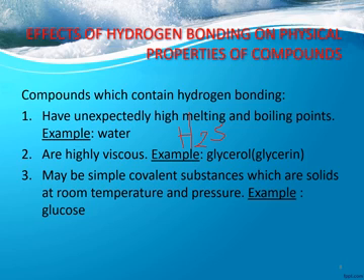These compounds may be simple covalent substances which are solids at room temperature and pressure. We know the example of glucose. Glucose is one of the substances which are solids at room temperature while having a simple covalent structure. This is because of the very strong hydrogen bonding glucose contains.